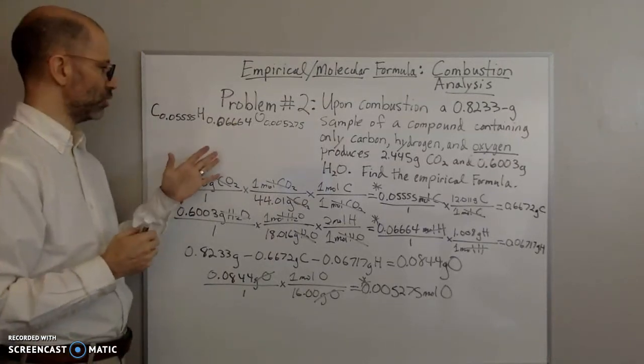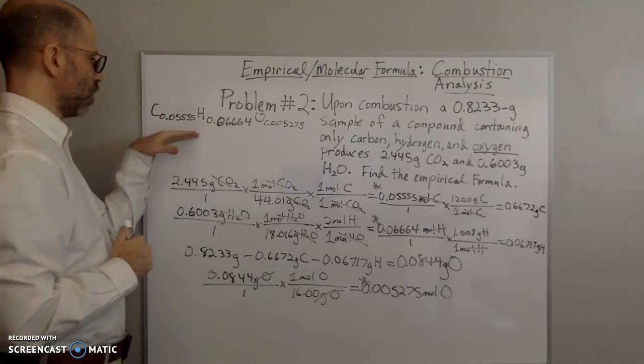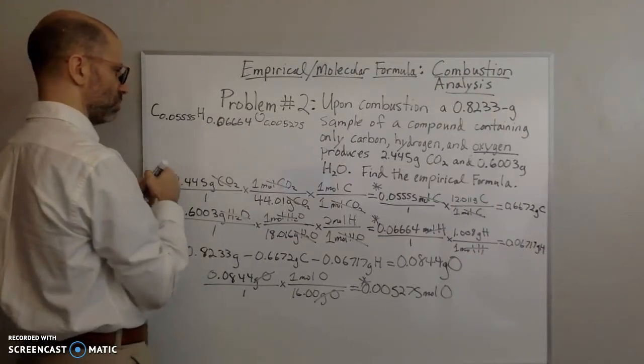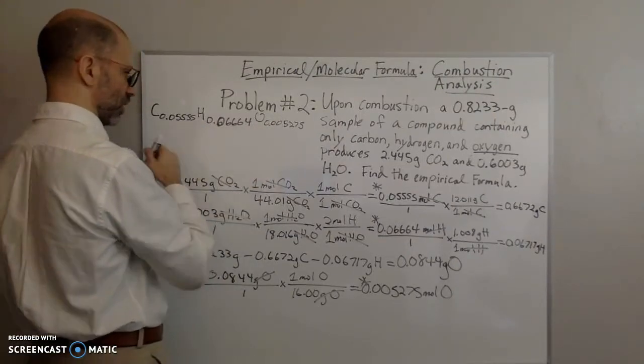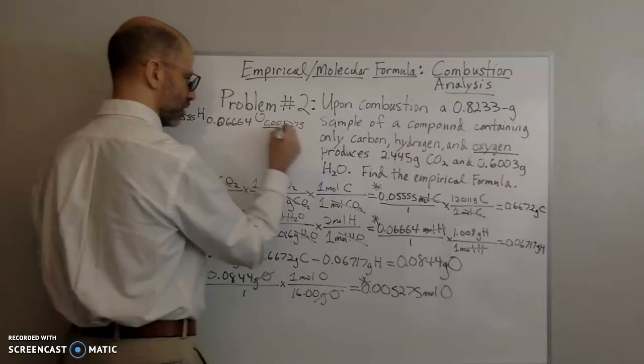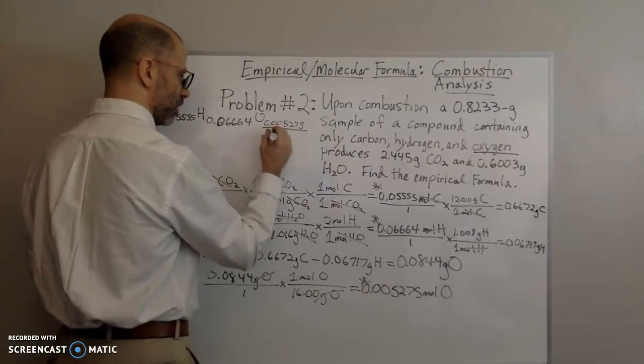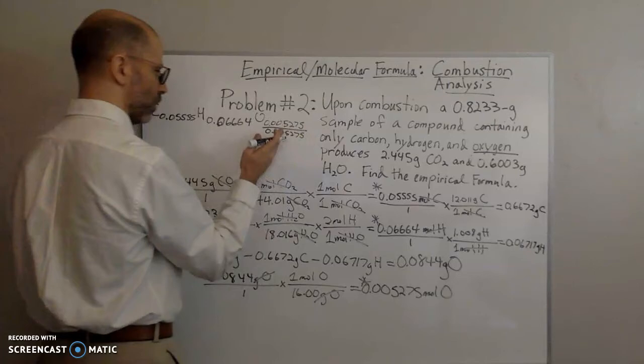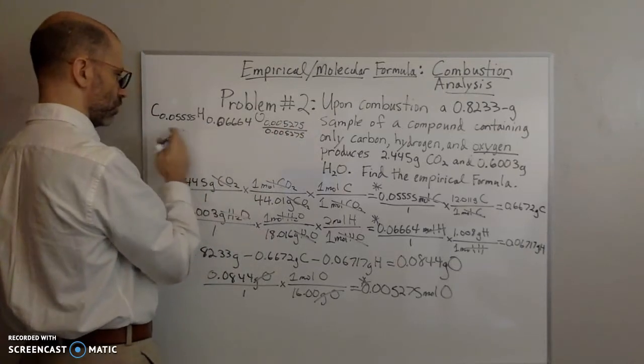Now all I need to do is divide by the smallest one to get the ratio between them, so it'll be 1 to something. This is the smallest one, so I'm going to divide everything by 0.005275. That'll give me a ratio of 1 to some numbers of the others.